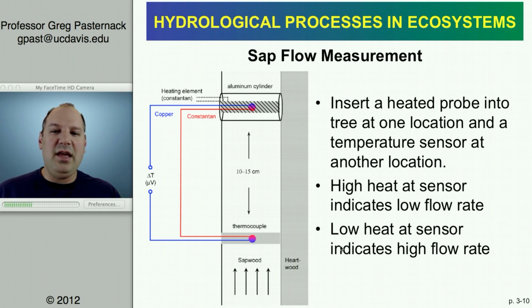So in summary, sap flow measurement takes advantage of the idea of advection versus diffusion, and we have really good equations in fluid mechanics that can predict what the velocity must be for different levels of heat measured at different locations, given knowing how much you're applying at that source location.